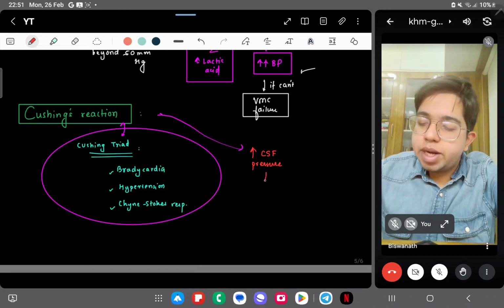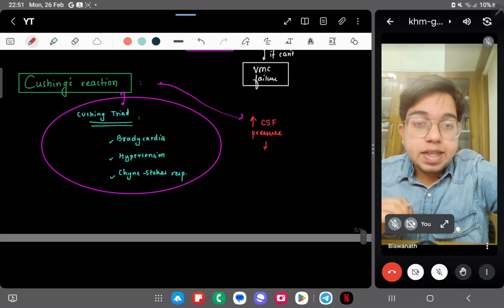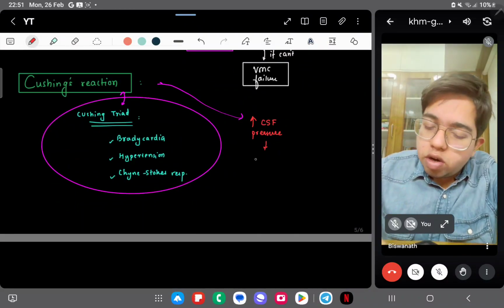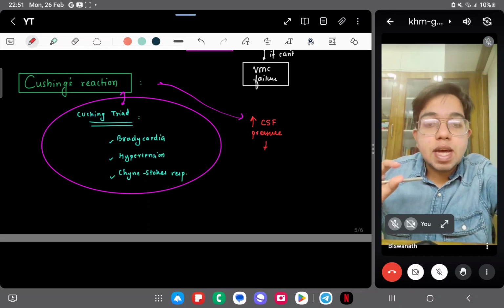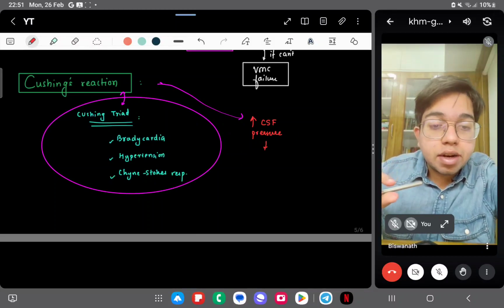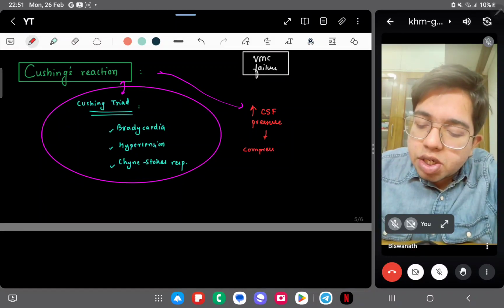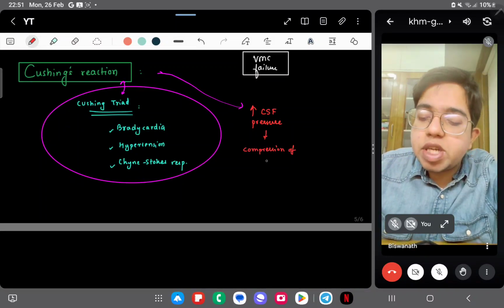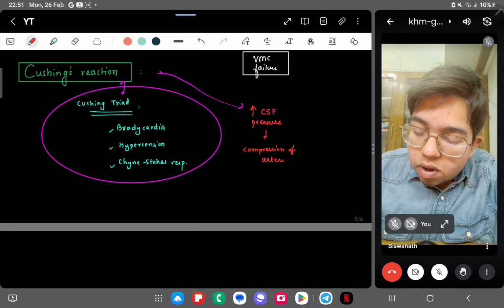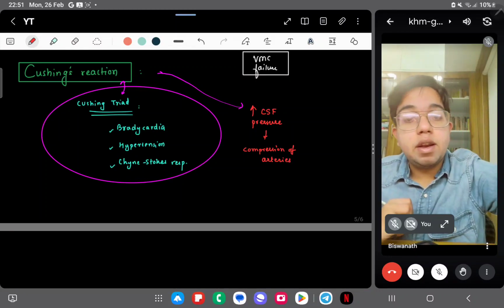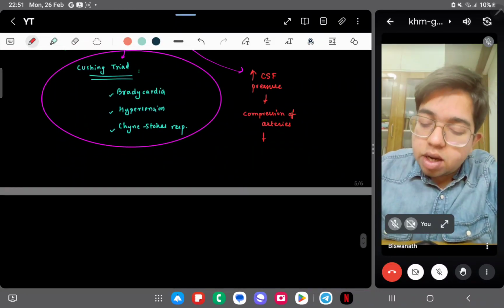Remember the cerebrospinal fluid? If there is increase in CSF pressure, what will it do? Of course, increased pressure means arteries constricted or dilated? Constricted. Compression of arteries. It will cause the compression of arteries of the brain. Okay, very important.